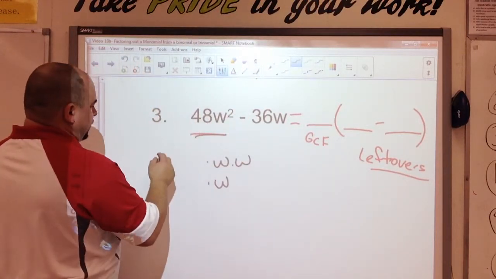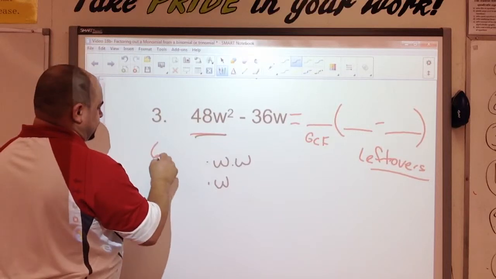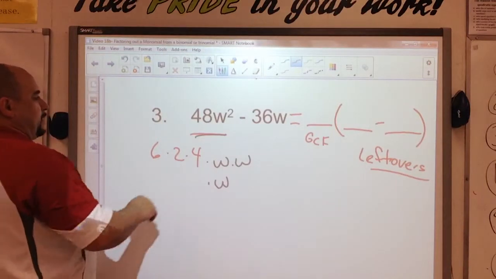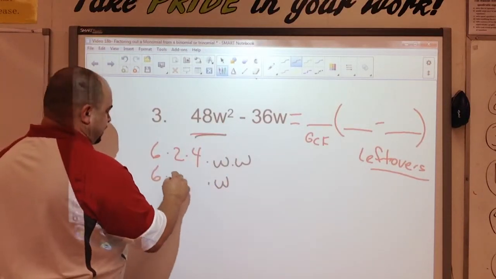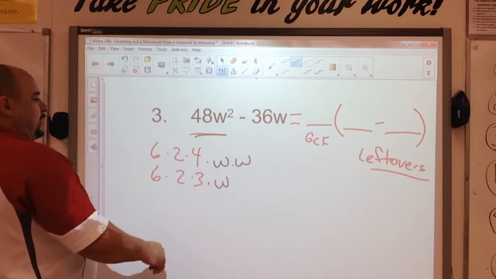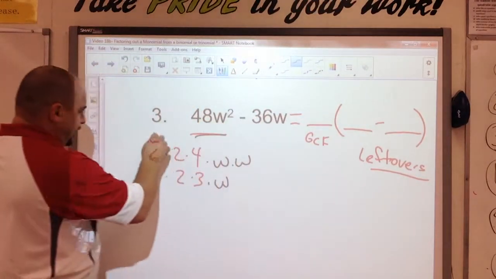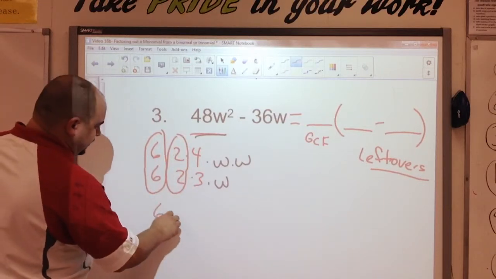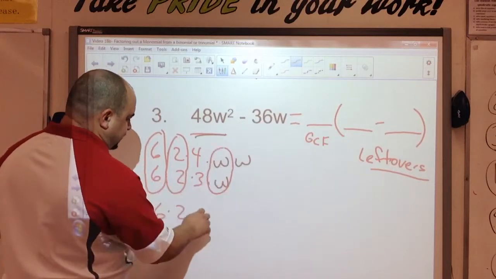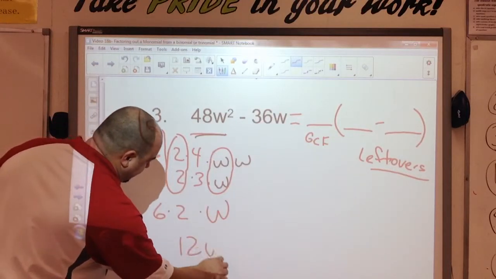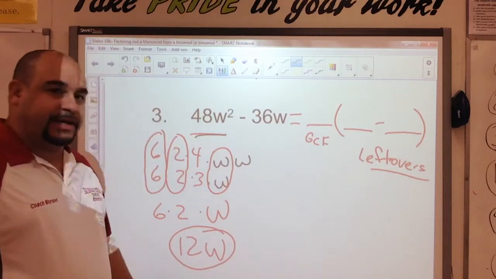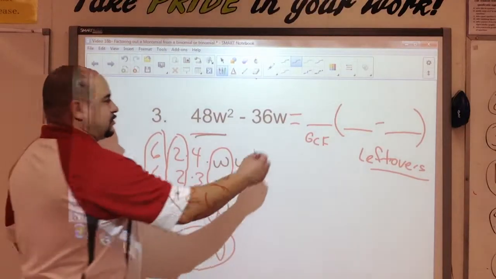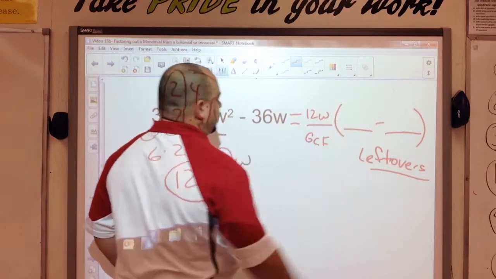Let's see, 48, you have 6 times 2 times 4. And then here you have 6 times 2 times 3. Now I can say you have 6's and you have 2's. So you have 6 times 2, and then times w. So my GCF here is 12w. Again, you have to find the greatest common factor. So 12w goes right here.